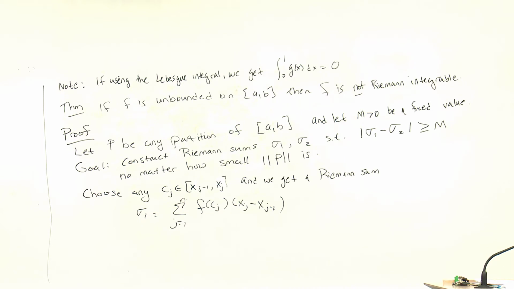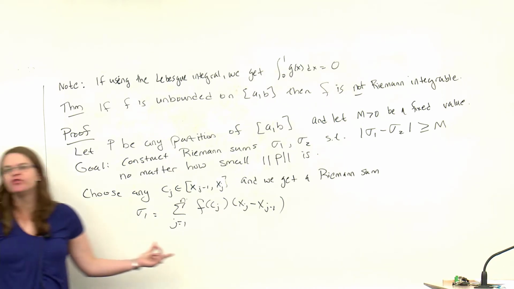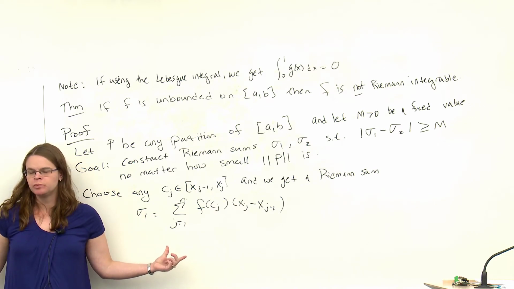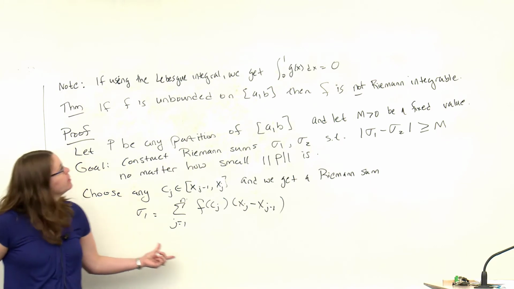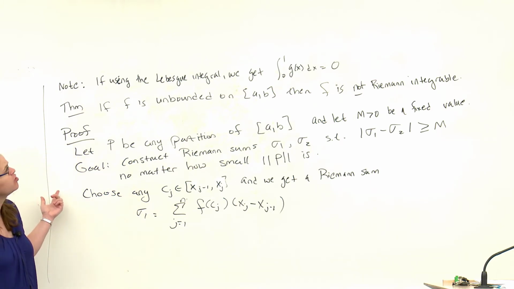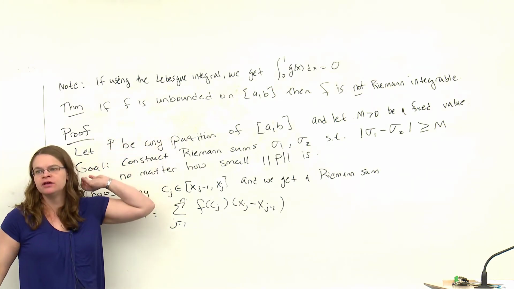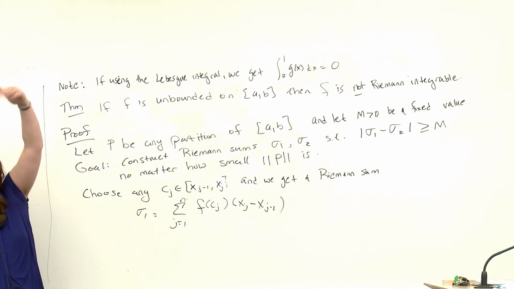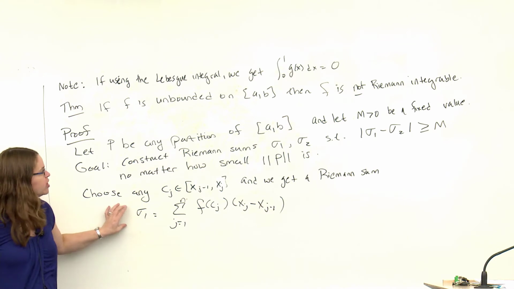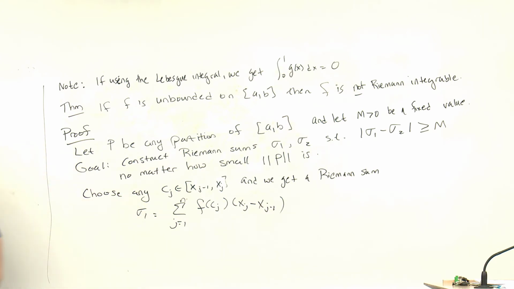Now I need to try to construct a second Riemann sum, and it needs to have a very different value from this Riemann sum. And I need to use the tools at my disposal. What tools or information are at my disposal? The fact that f is unbounded. So we're going to try to use the fact that f is unbounded, that I can always make f as big as I like, in order to construct another Riemann sum that's really different from this one.